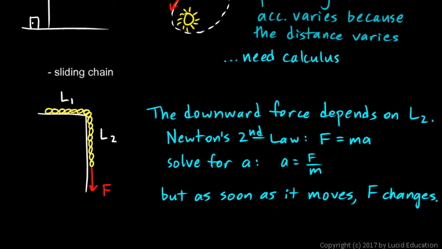As soon as it moves, F changes. So the acceleration, A, also changes. So we can't just solve this problem using this equation for acceleration because the A is constantly changing, just because the force is constantly changing. To really solve this problem correctly, we need calculus.